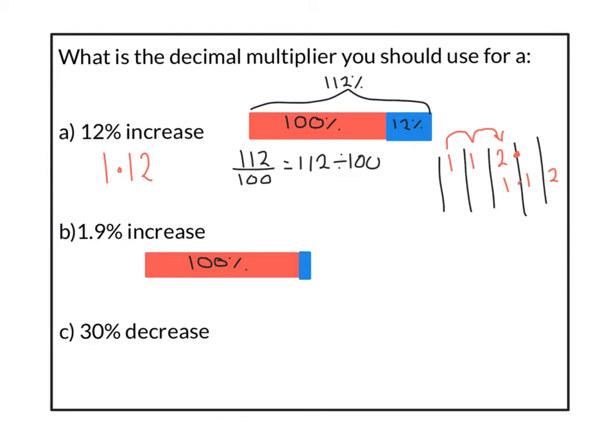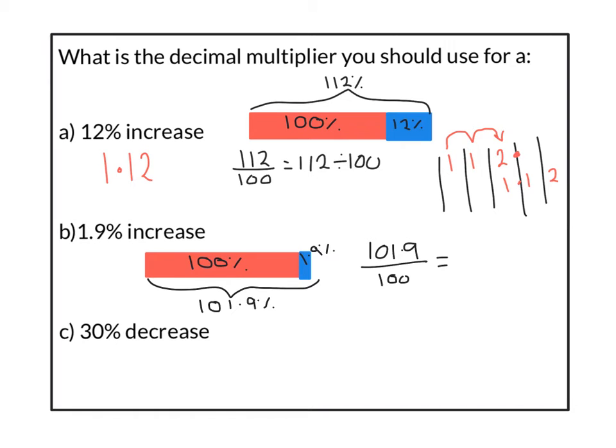And this bar is going to be worth 1.9%, which means that altogether 100 add 1.9 is going to be 101.9%.